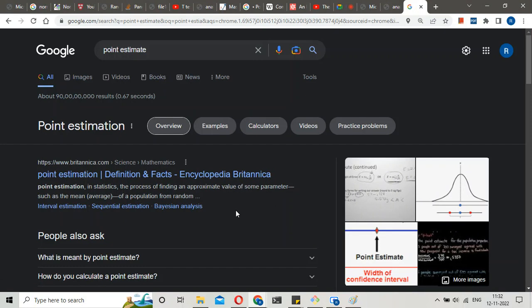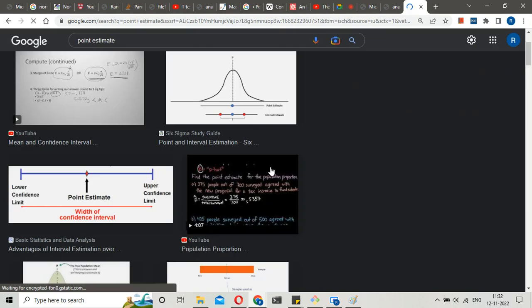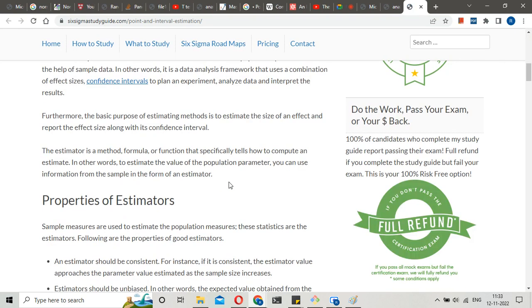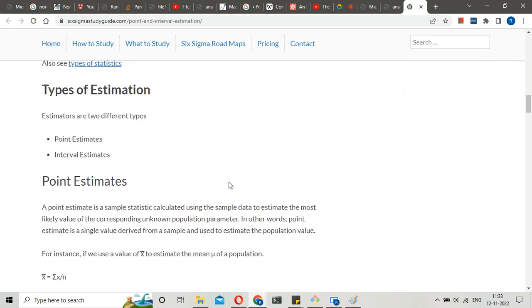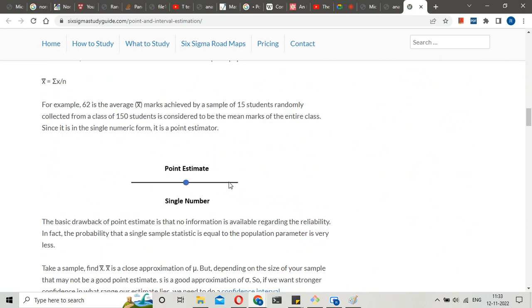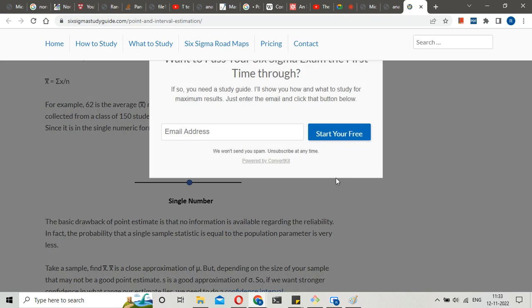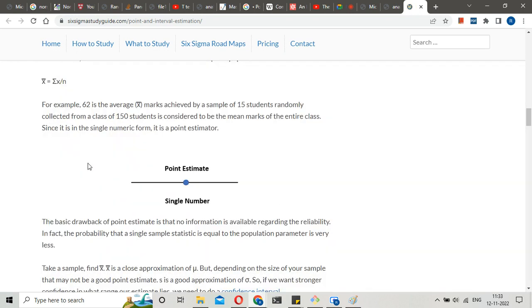When you are approximating with one value, you say this is a point estimate. It is a single point: you are saying the average height is 60, or the average marks is something like that.